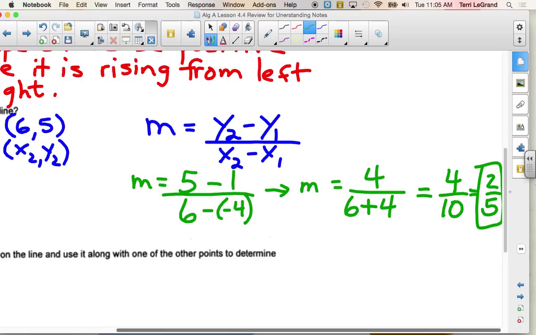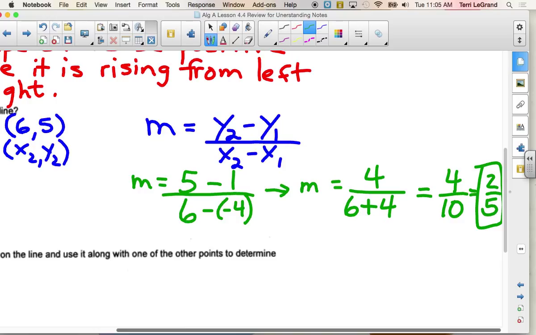Or in other words, do you have to rise 4, or -4? It can be one or the other. And did you have to run 10 or run -10? Doesn't matter. So if you rose 4, then you went 10 to the right.